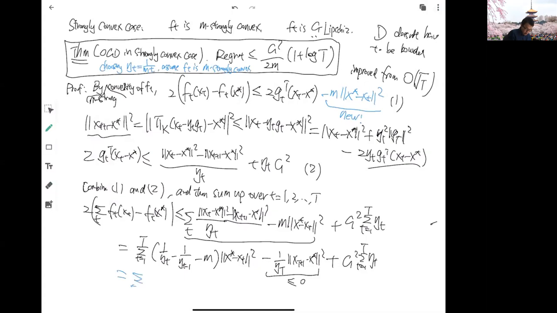We get the sum from t from 1 to T of m times t, since this is 1 over eta t, minus m times t minus 1, minus m. What is this? So can someone give me the calculation of this leading coefficient?